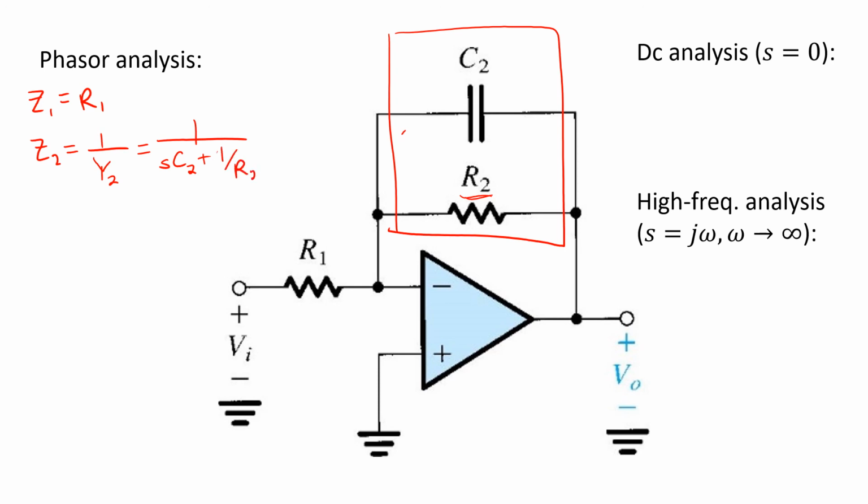You can rewrite this as R2 over 1 plus sC2R2.